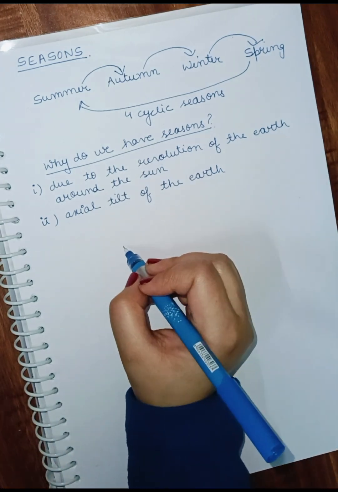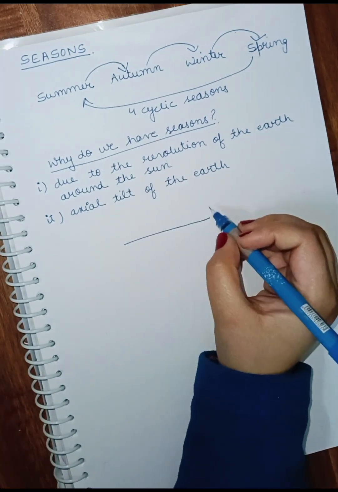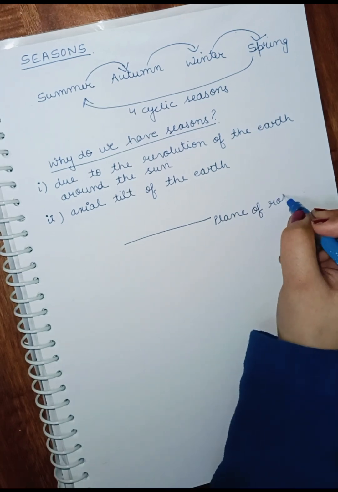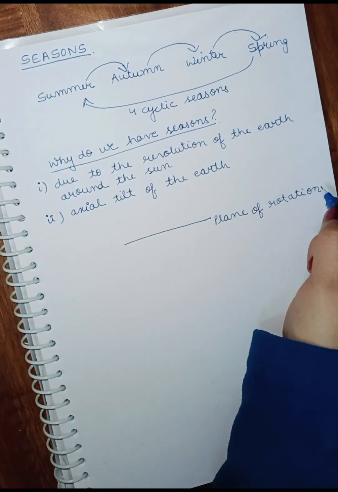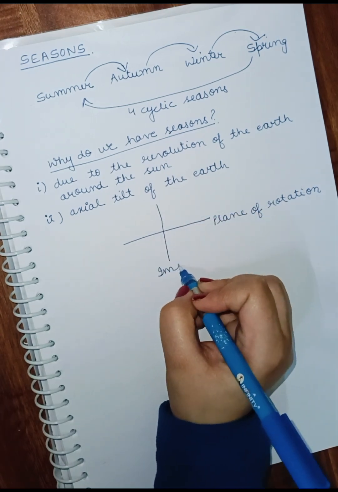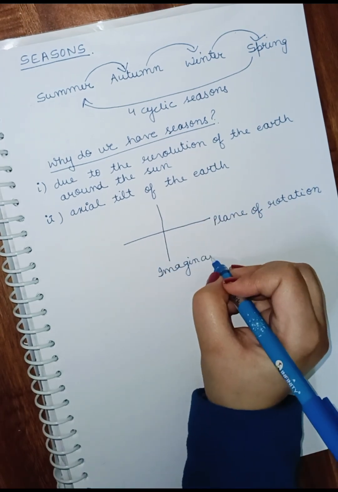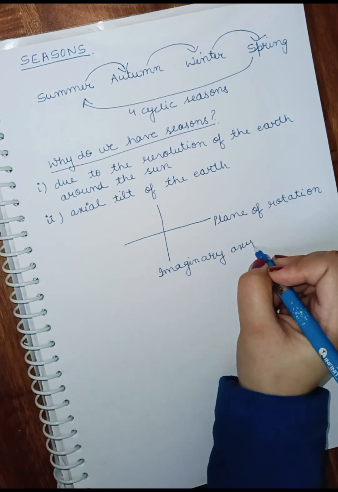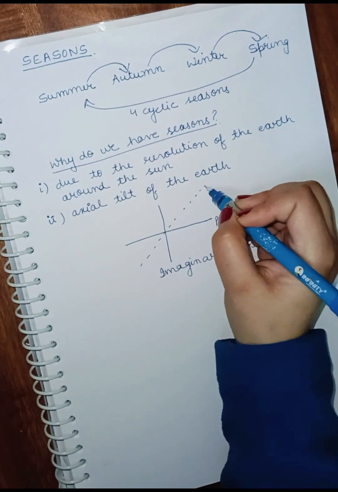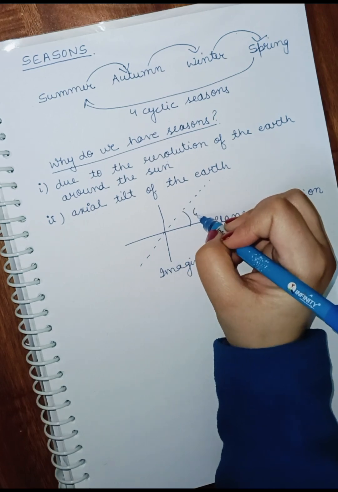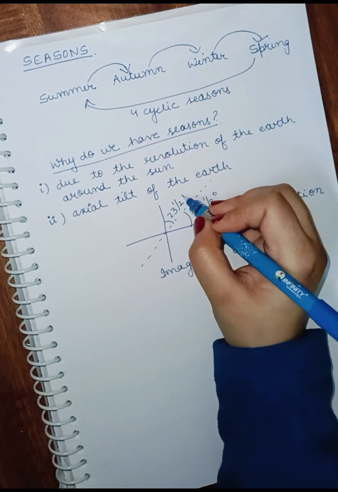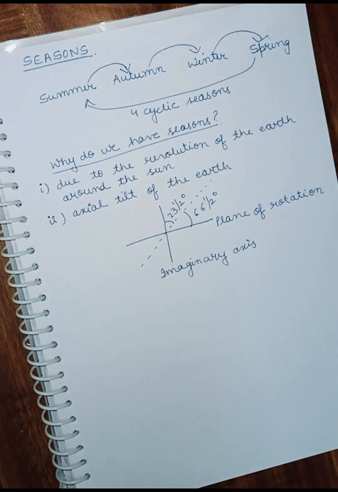So if we consider that this is a plane of rotation, and this is an imaginary axis, this is 66.5 degree, and this is 23.5 degree. This is the axial tilt.